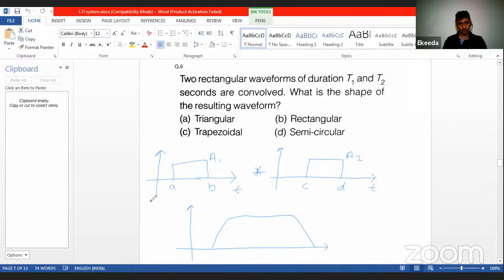The duration of this, T1, is equal to B minus A. The duration of this, T2, is D minus C. So this will start from A plus C.